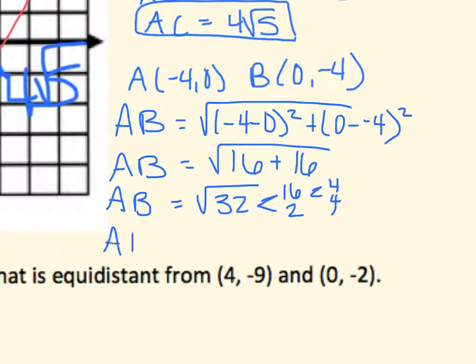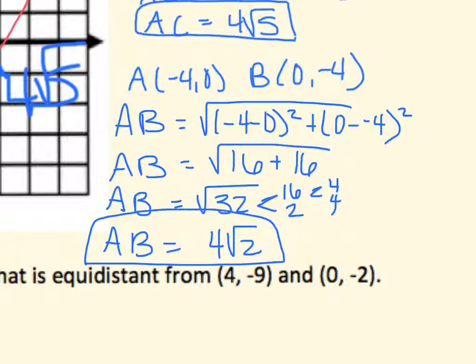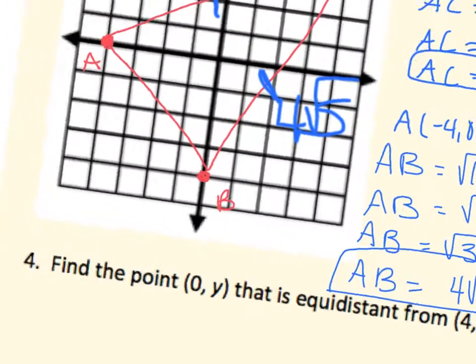So we got AB to equal 4√2. So not equilateral, but it is definitely isosceles here.